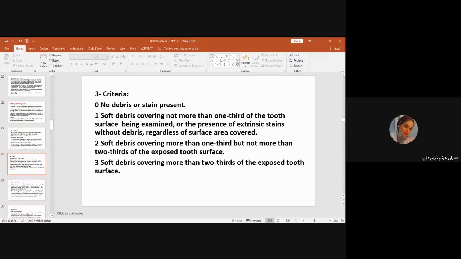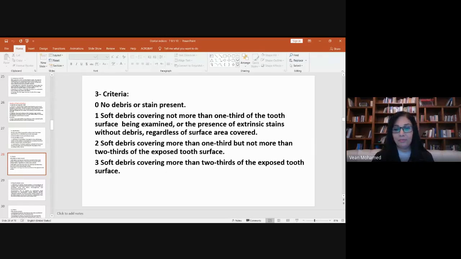Yeah? If we have 0. Okay. 0 for which index? For debris, debris index simplified. 0 means no debris. Okay. And if we have 1, that means we have debris on not more than 1/3 of the tooth surface. Good. And 2? If we have 2, that means we have more than 1/3 and less than 2/3 of the tooth surfaces.